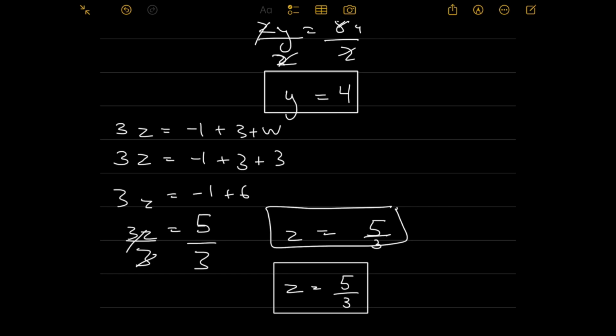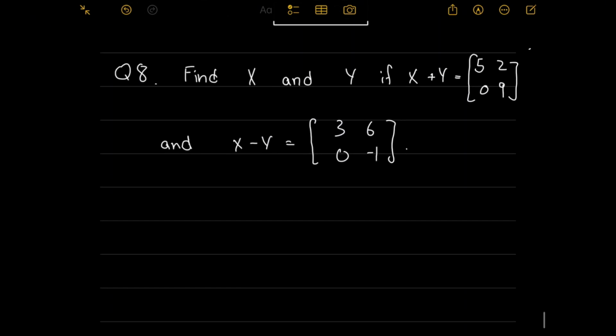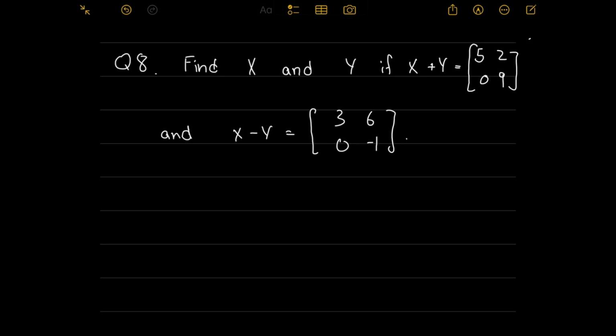Here we are going to start the next question, question number 8, which is the last part of this video. The next parts would be done in the next video. This is: find x and y if x plus y equals this matrix and x minus y equals this matrix.